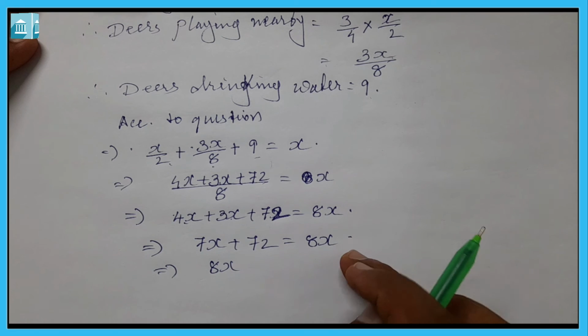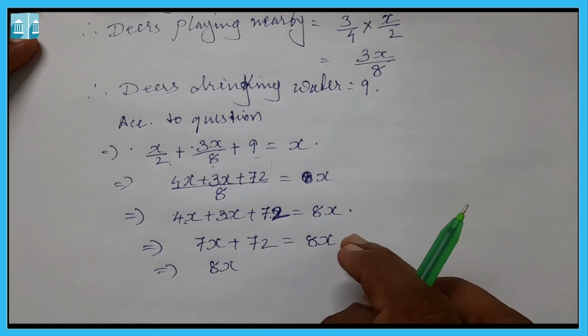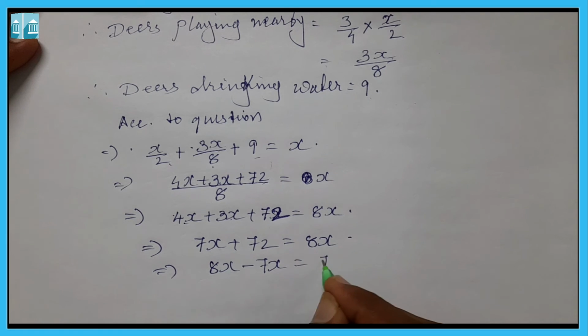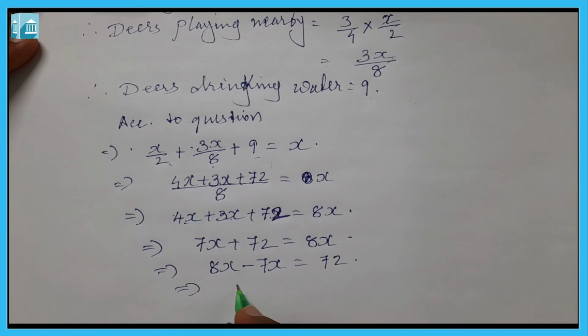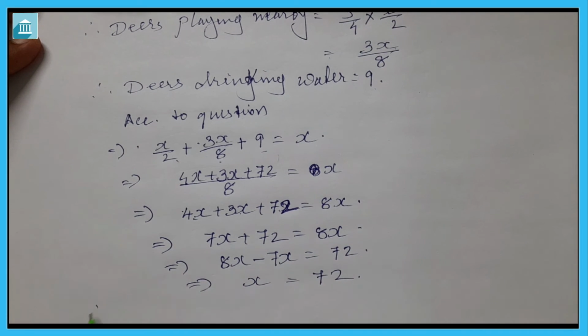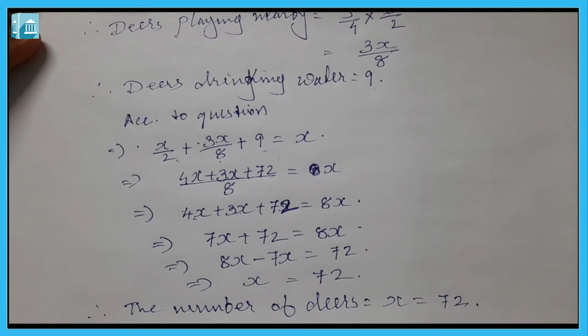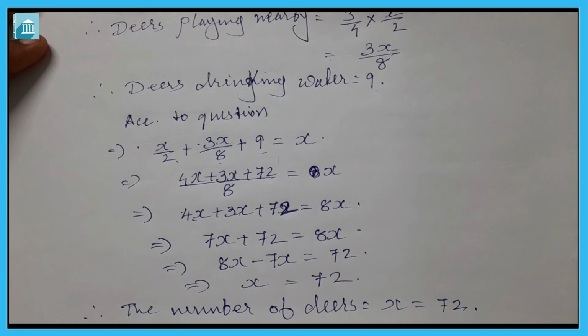This 72 will remain here. The 7x goes to the other side, so 8x minus 7x is equal to 72, and x is equal to 72. Therefore the number of deer is x, which is 72.